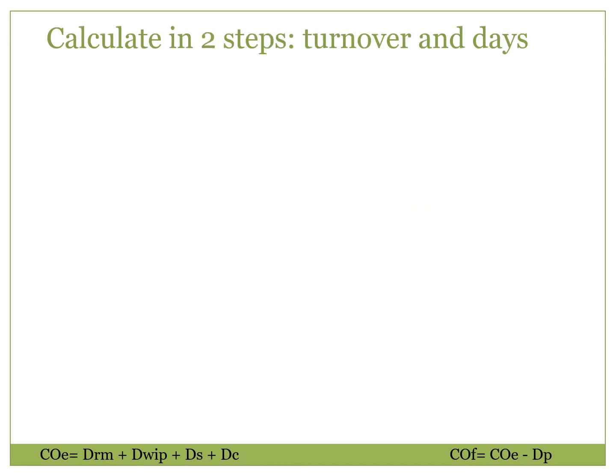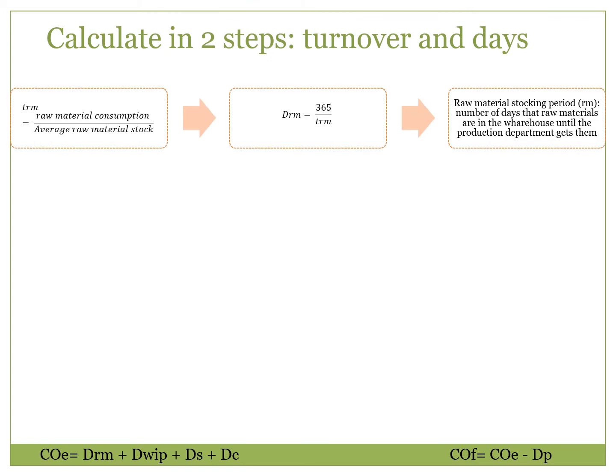To calculate the cash operating cycle, we need to do it in two steps. First, we have to do the turnover, and then we can calculate the days. So the first thing will be knowing what is a turnover. Turnover is the number of times that something happens in a year. For example, when we're talking about the raw material, turnover will be the number of times that the company buys raw material in a year.